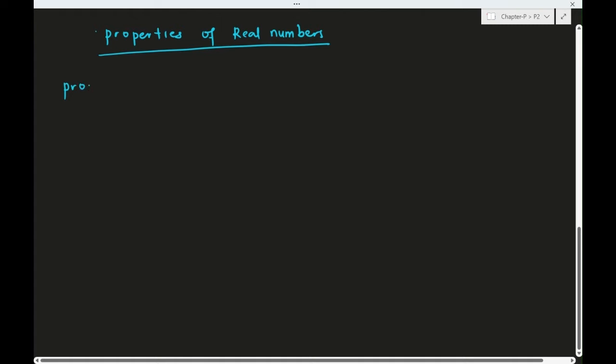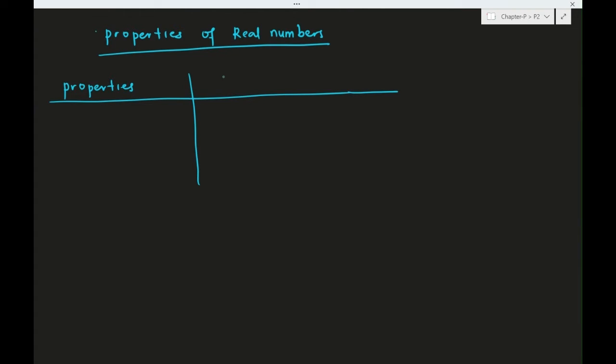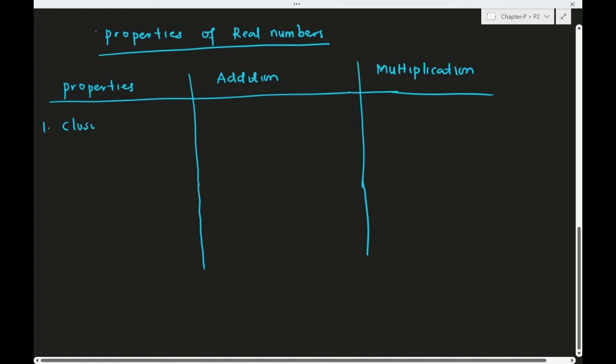Let me write this. Here I will put addition, and here I'll put multiplication. So we are talking about these properties based on two operations, addition and multiplication. The first property we'll talk about is closure.